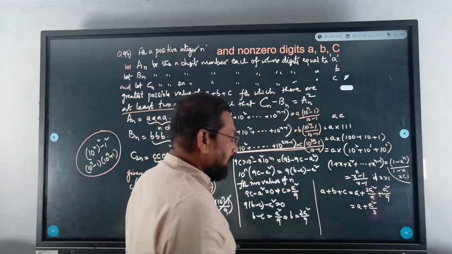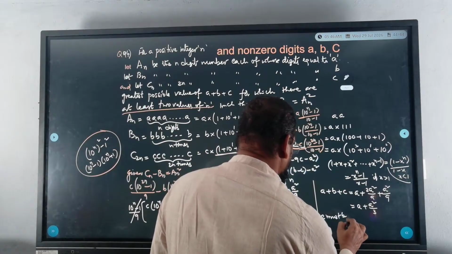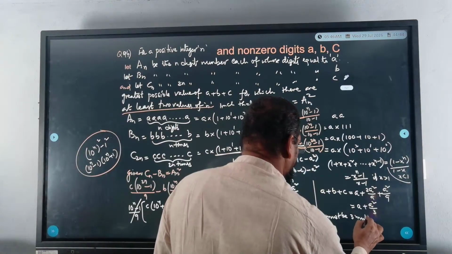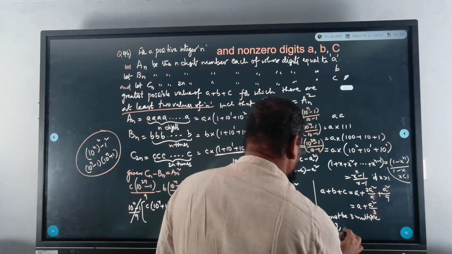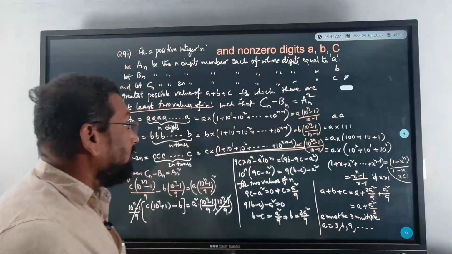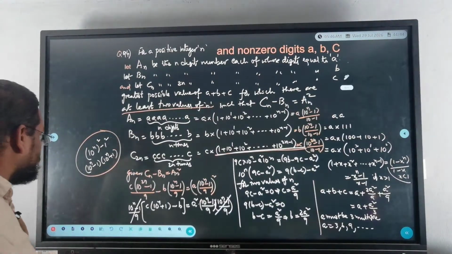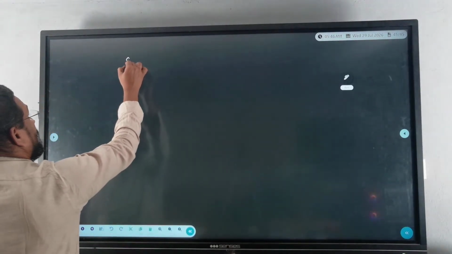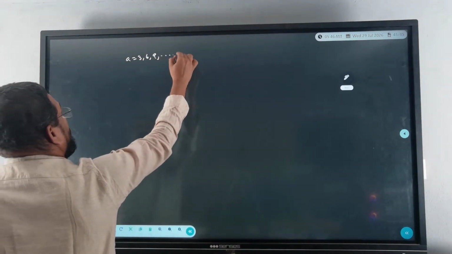So a must be a multiple of 3. So a is equal to 3, 6, 9 and so on.